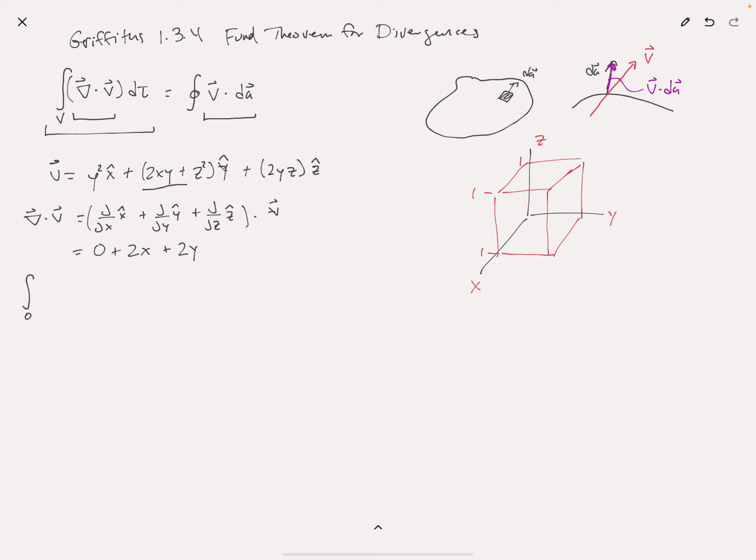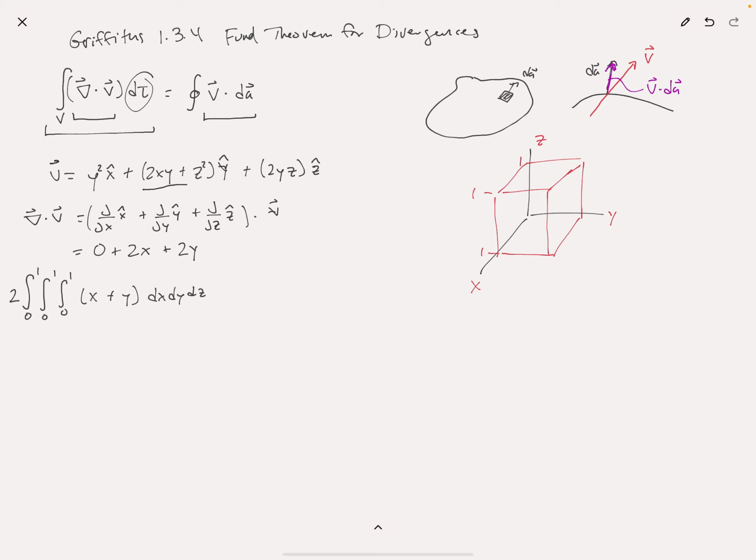The cube goes from 0, 0, 0 to 1, 1, 1 of 2, I'll pull that 2 out, x plus y, and that infinitesimal volume element is the product of those infinitesimal lengths, dx, dy, dz.